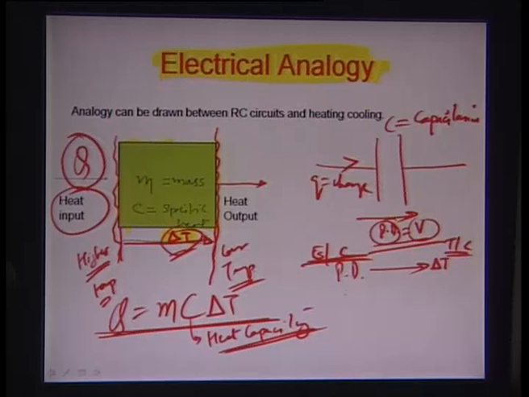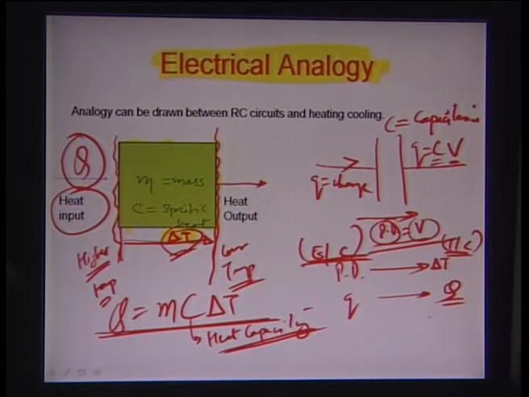The quantity in the electrical circuit which flows is the charge Q, as opposed to the quantity in the thermal circuit, which is the heat Q. And so therefore, as we know here, Q is equal to C into V, the capacitance into voltage.